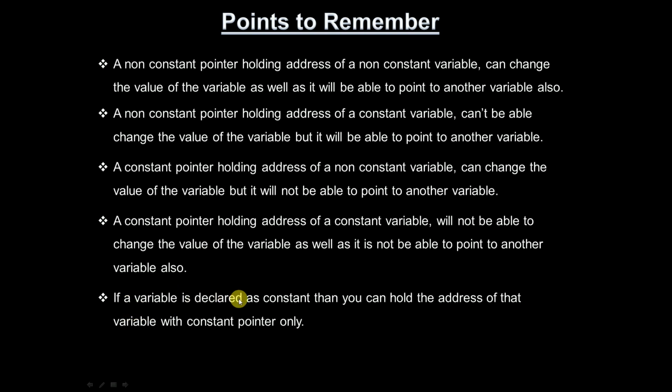If a variable is declared as constant, then you can hold the address of that variable with a constant pointer only. For example, assume you have declared a variable like this: const int a = 10. To hold the address of this variable you have to use this syntax only: const int *ptr = &a. But int *ptr1 = &a is not allowed.